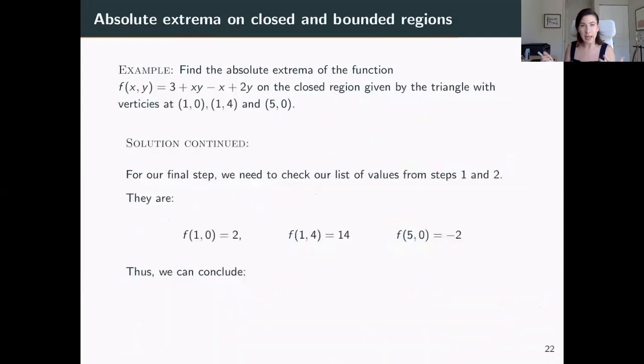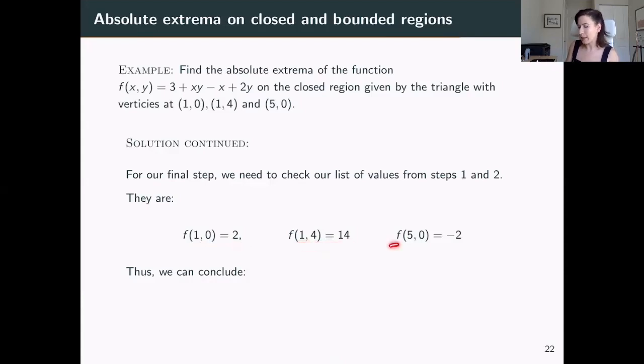So here we need to check the endpoints, just like we needed to check endpoints for the extreme value theorem in a single variable. We're going to check endpoints here as well. When we plug in the endpoint of 1, 0, we get 2. When we plug in the endpoint of 1, 4, we get 14.